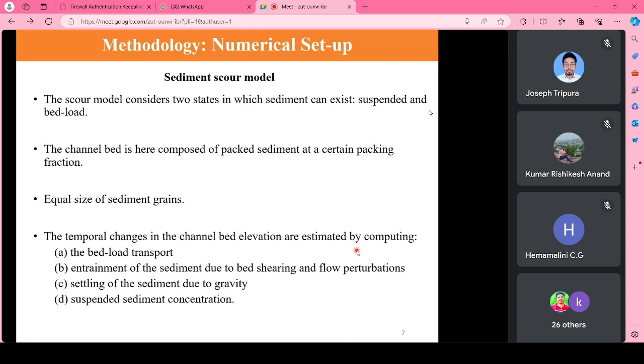So if there is a bed and the flow is occurring over the bed, if we can mathematically model how much bed material is going into the flow, how much is settling from the flow, how much bed load is coming from the upstream, and how much bed load is going downstream, using some empirical formulae or physics-driven methods, then we can estimate the erosion rate, and then from the continuity of mass, we can estimate the changes in the bed level. So that's what we are doing in this study.